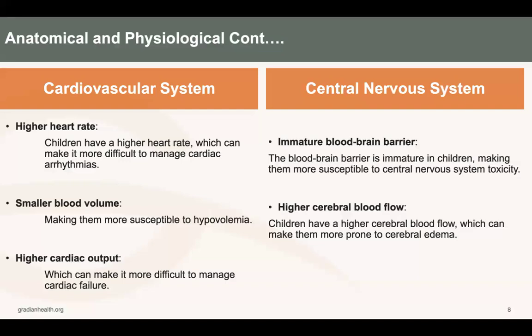And so in the cardiovascular system, there are so many things that we can look at. But most importantly, the heart rate, the number of times the heart beats per minute, is higher in children. And you see that with even very small children, it's way higher. And as a child grows, the heart rate keeps coming down.